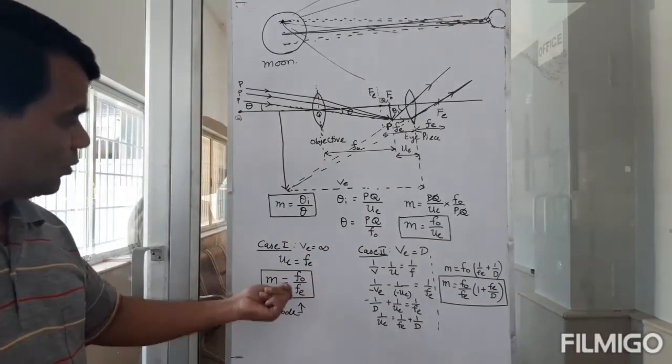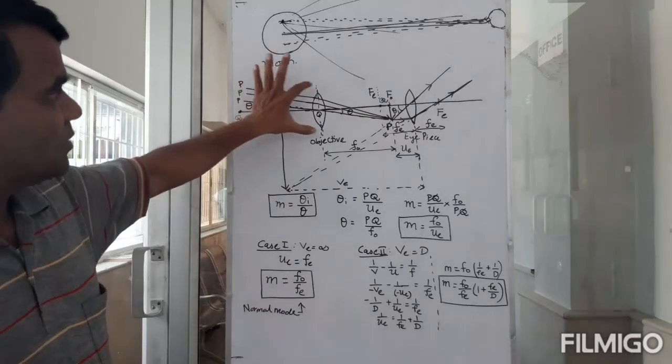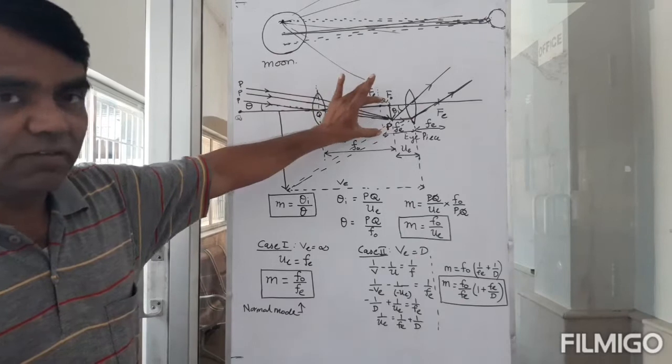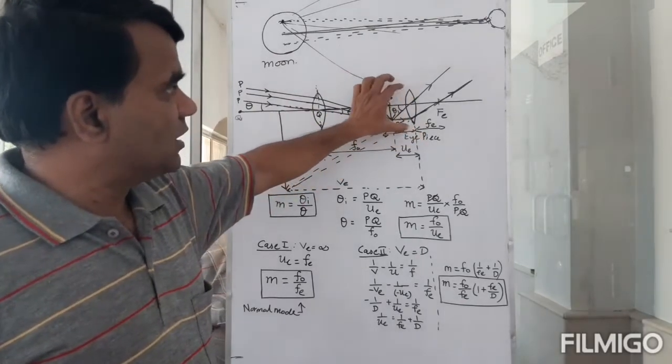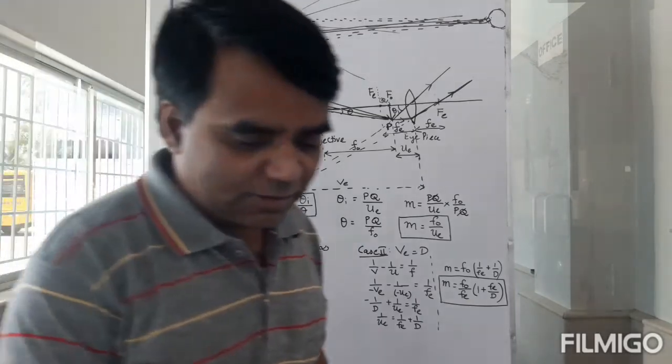F0 is big. But what about FE? FE has to be small. So this must have a big focal length and this must have a small focal length. So usually this is how it is.